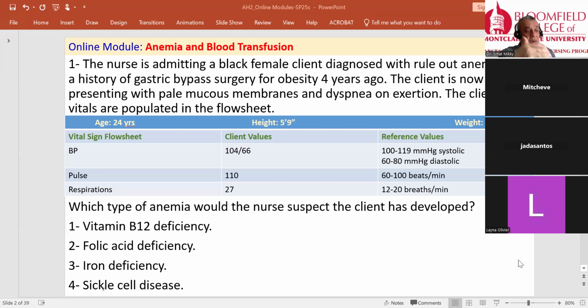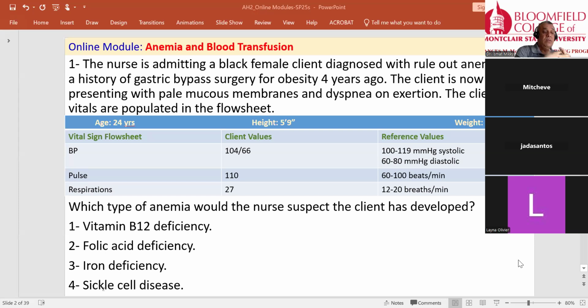We will look at the MAR or some of the clinical manifestations, or here we have vital signs actually. The client is now presenting with pale mucous membranes, dyspnea on exertion. So these are vital signs for this patient.